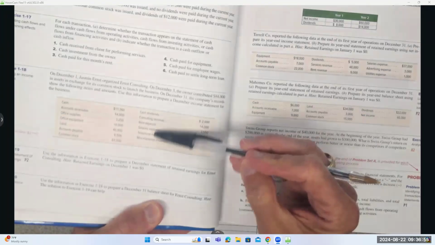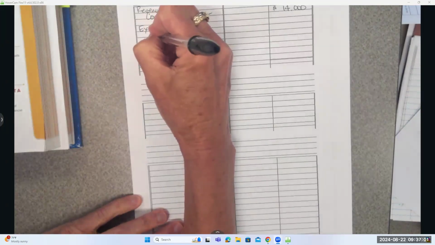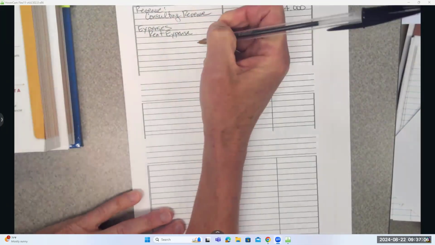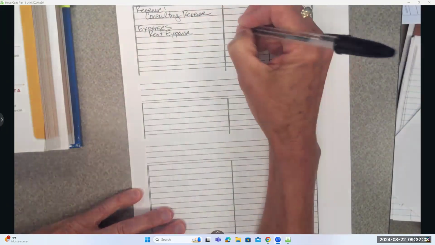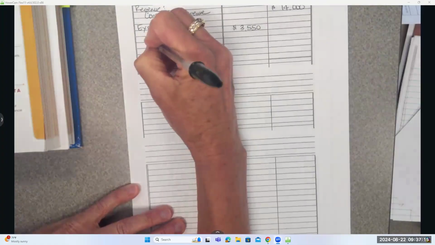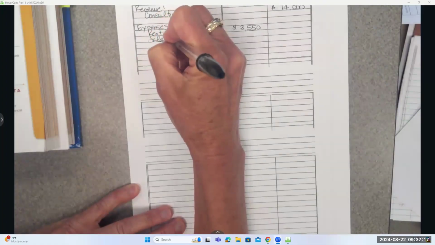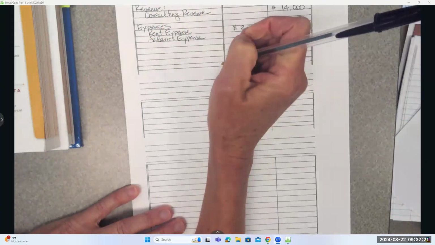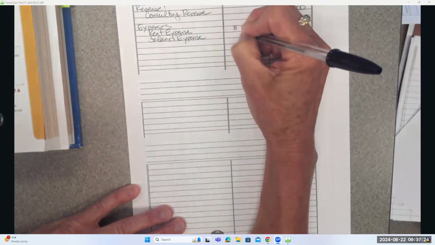So then we list expenses. We have 4 expenses. So we list them individually. Rent expense is $3,550. Salaries expense, $7,000.